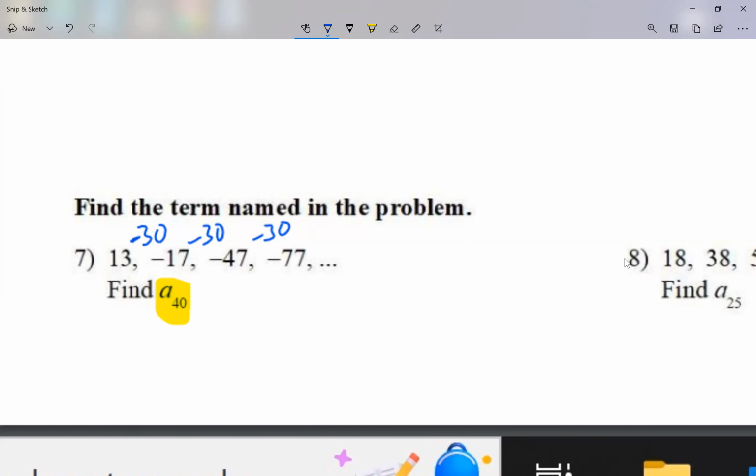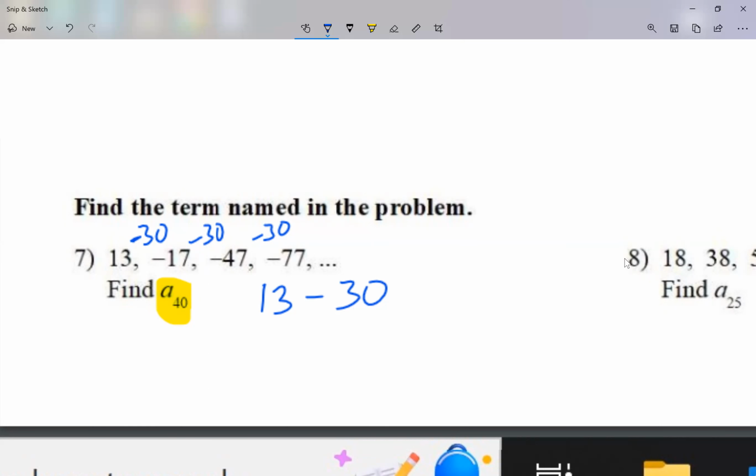Another thing I could say is, let me use logic on this one. Let me see what's happening. I start with the number 13, but then I'm gonna start subtracting 30, starting from the second number. So to get to the 40th number, how many times do I have to subtract 30?